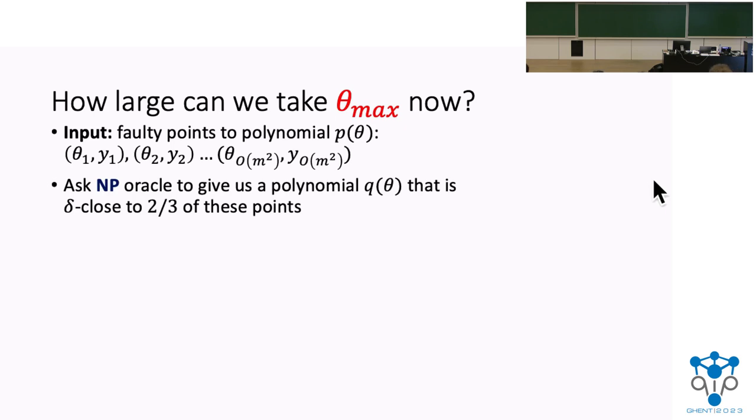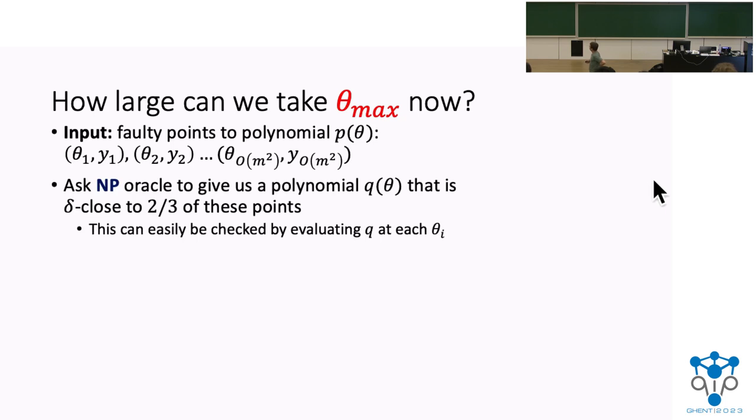And what we know about these points, of course, is that 2/3 of them are delta approximations to the polynomial p of theta. Now, we're using an NP oracle anyway because Stockmeyer's algorithm used an NP oracle. So it's fair game to use an NP oracle, and we're just going to ask the NP oracle to give us the coefficients of a polynomial q that's delta close to 2/3 of these points. Now, it's actually interesting.